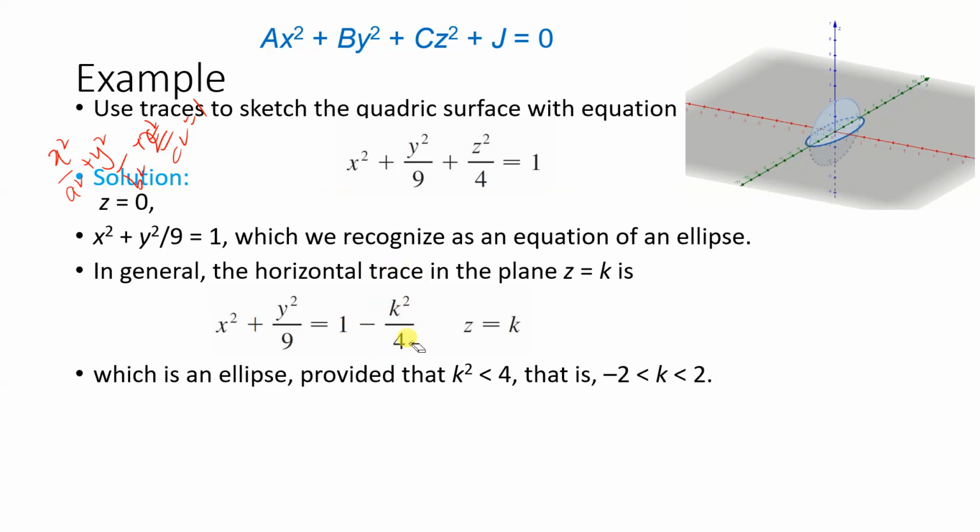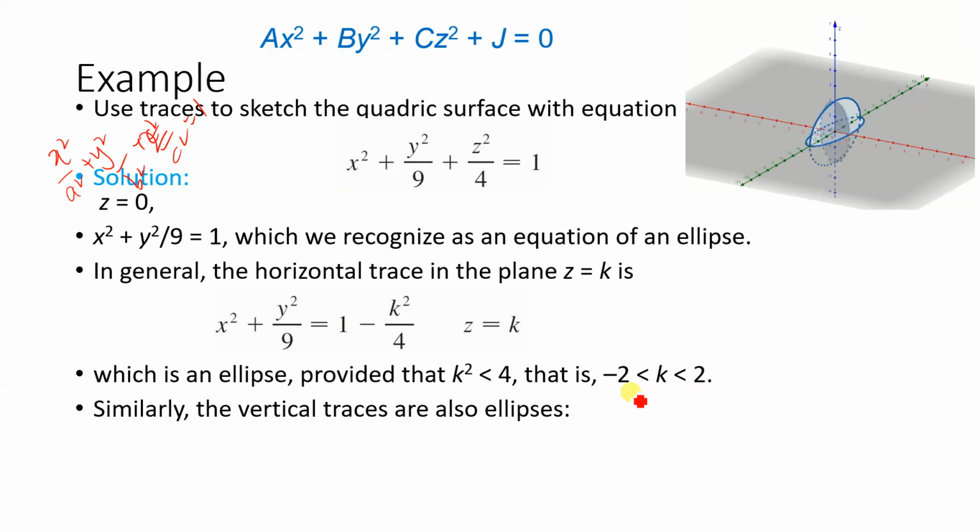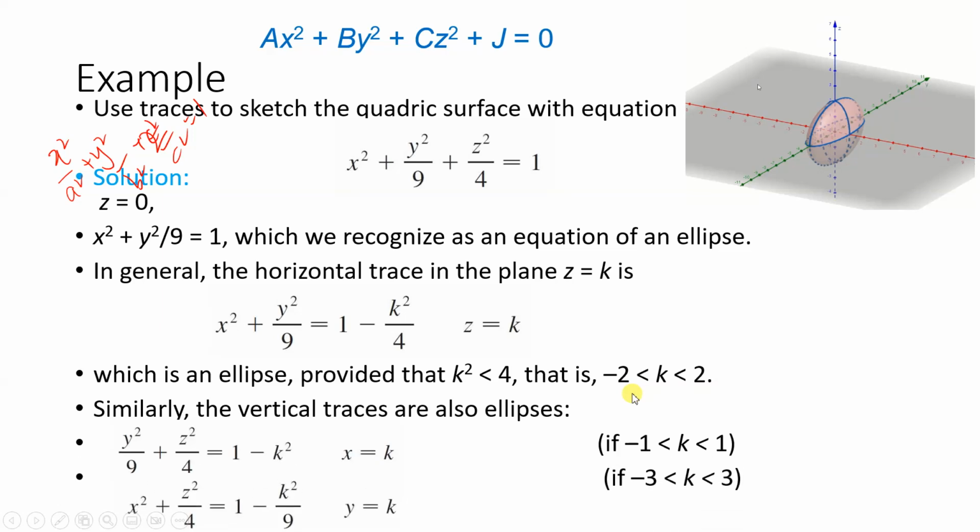Similarly, vertical traces are also ellipses. When we substitute x is equal to k, we get an ellipse for values of k between negative 1 and 1. y is equal to k also gives us the equation of an ellipse where k lies between negative 3 and 3.